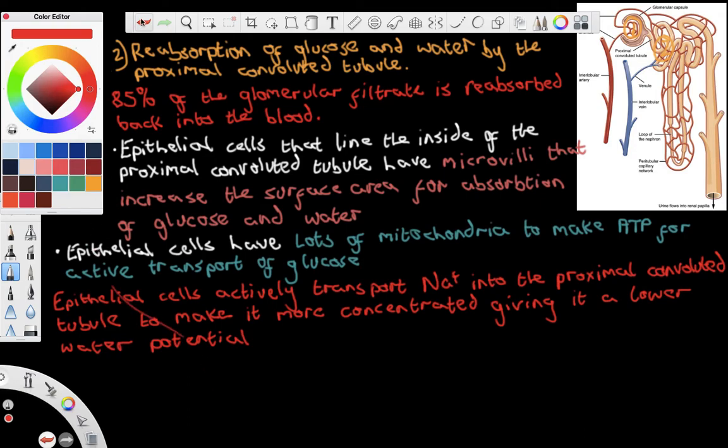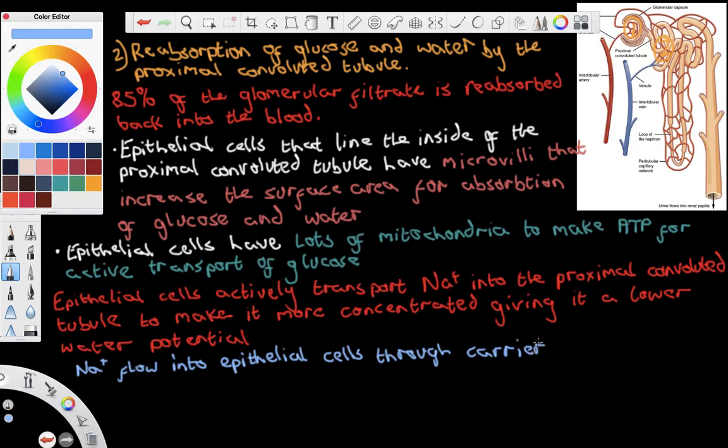So we can say that sodium ions, or Na+, flow into epithelial cells through carrier proteins that co-transport useful substances with it.